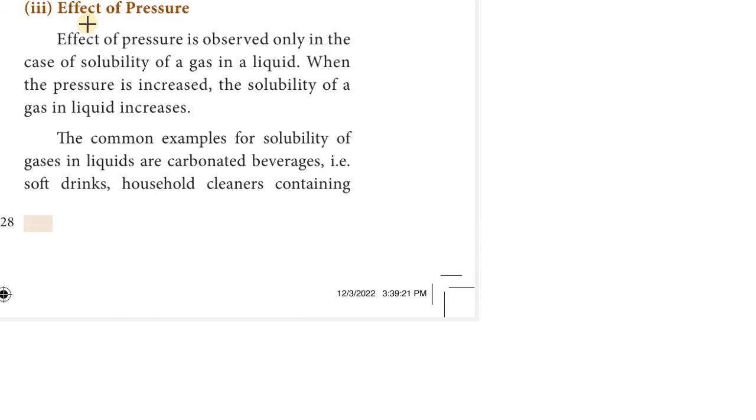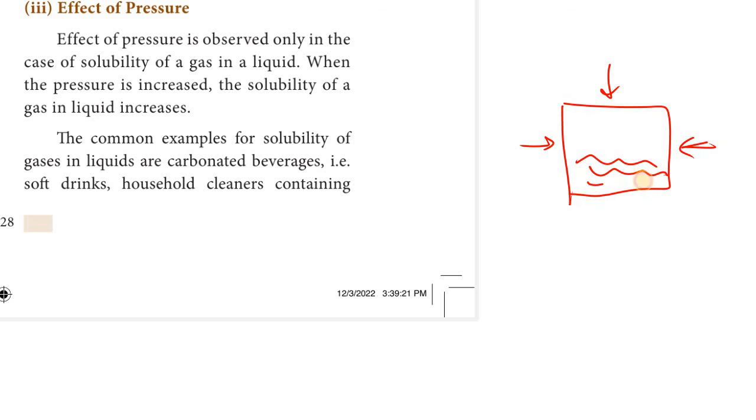Okay. Now, effect of pressure. You see, the effect of pressure is observed only in the case of solubility of a gas in a liquid. When the pressure is increased, the solubility of gas in liquid increases. Effectively, pressure means I am pushing in from all directions. Liquids cannot be compressed, but gas can be compressed, so if I push in from all sides, where will the pushed gas go?